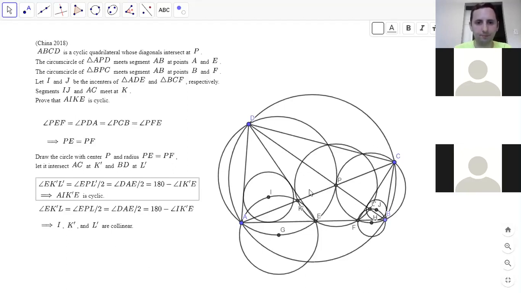And then so I, K prime, and L prime are collinear. Similarly, J, K prime, and L prime are collinear.